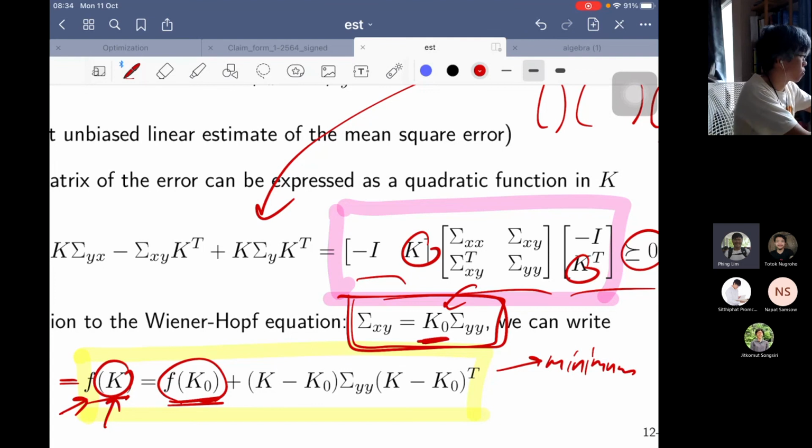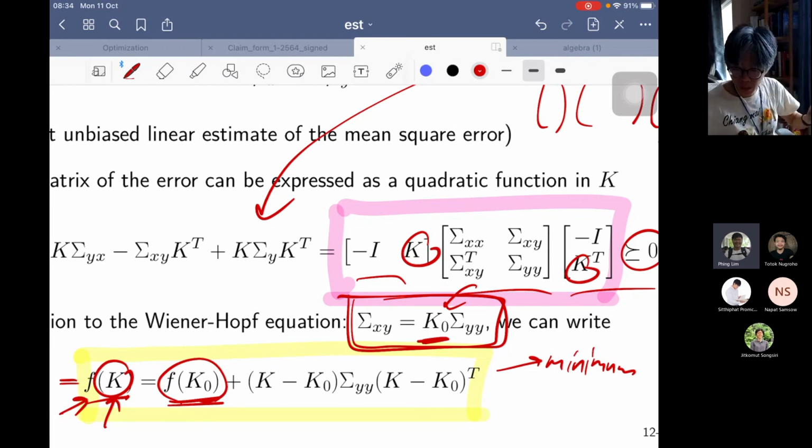No, you don't pick K0. As I said, you pick K. Pick K to be K0.